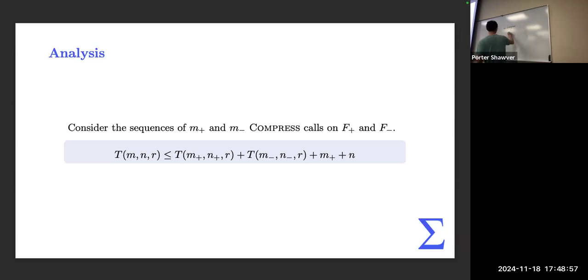When we want to compress two elements that span different trees, we want to compress every element from here to this. What we need to do is compress up to here, and then we need some factor of the number of elements above it. So that's where these two factors come from.